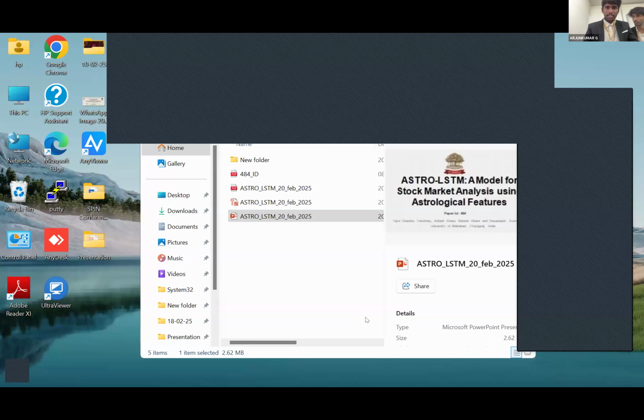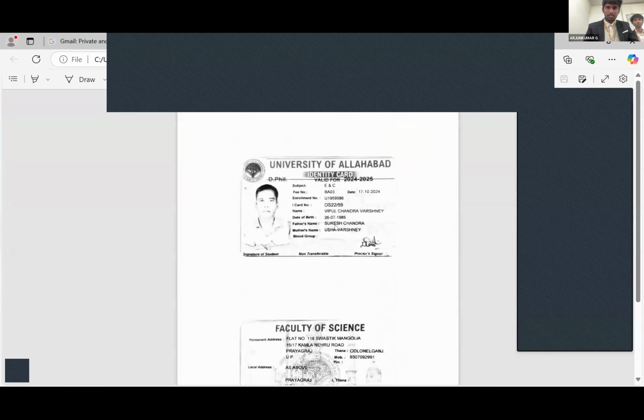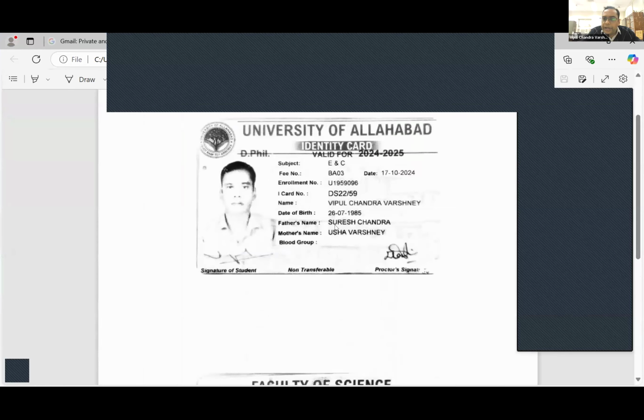I hope my screen is visible. Yes, sir, it's visible. This is my ID. I hope my ID is visible. Yes, sir. Can you proceed with your paper? Shall I share it? Yes, sir.